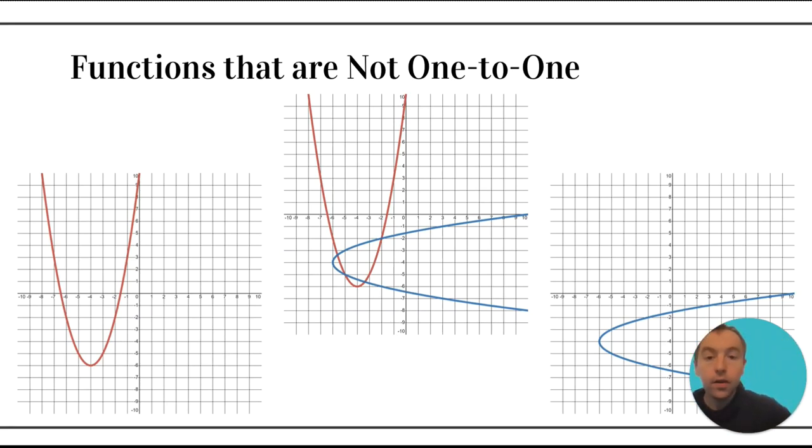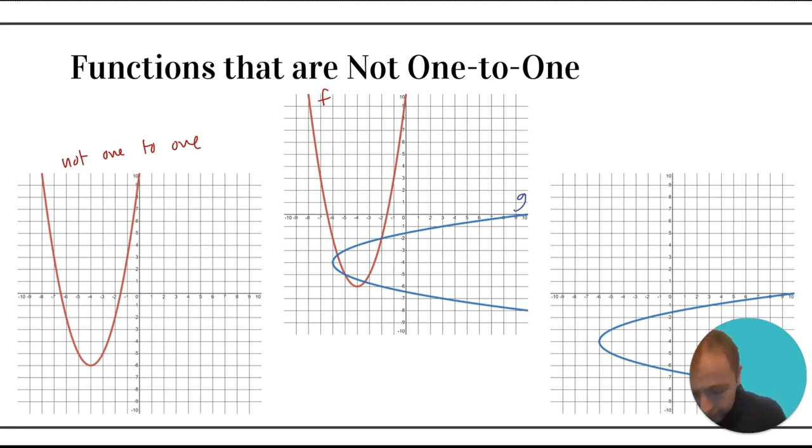So you'll see here that graphically there are a couple of different functions. Maybe we'll call this red one here f, and this blue one here g. It turns out that the graph of f is definitely not one-to-one.